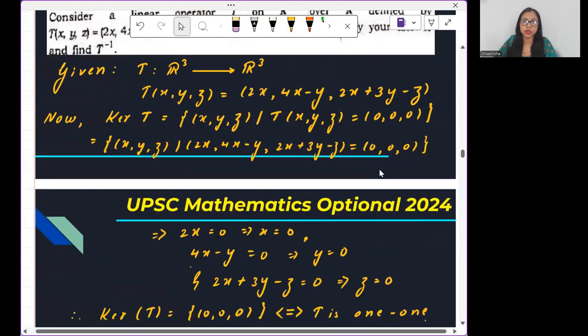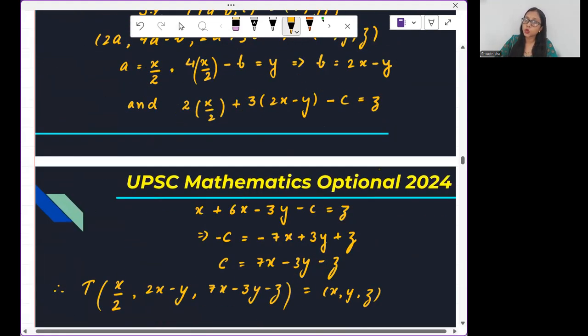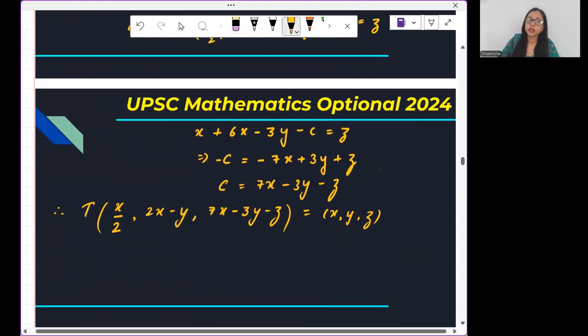And because for any element in codomain, you found an element in domain whose image is xyz, it implies T is onto and hence invertible. How that is going to help you to find your T inverse here.